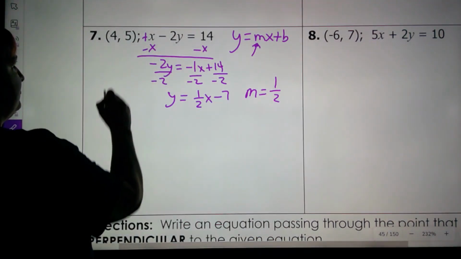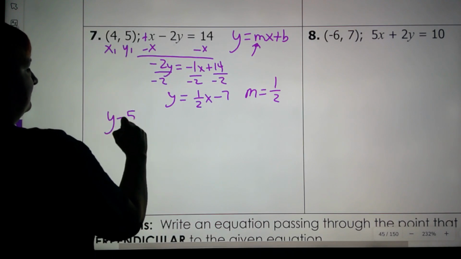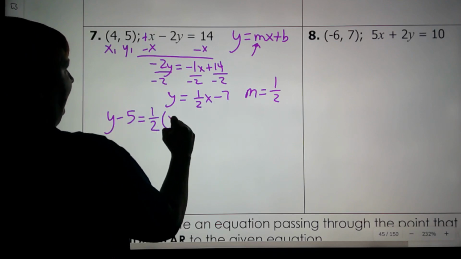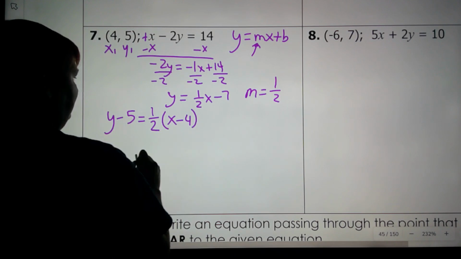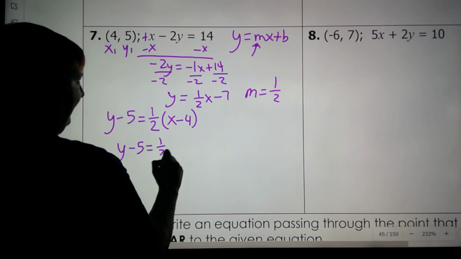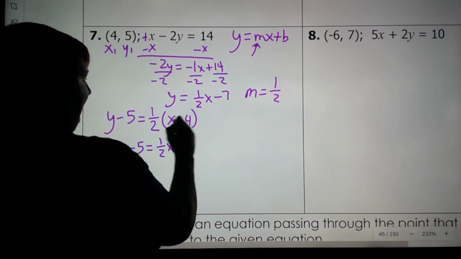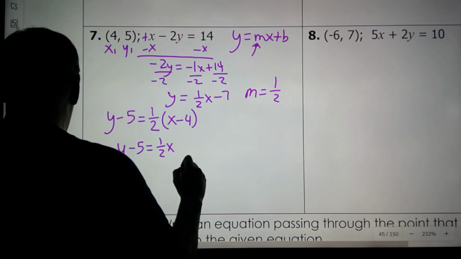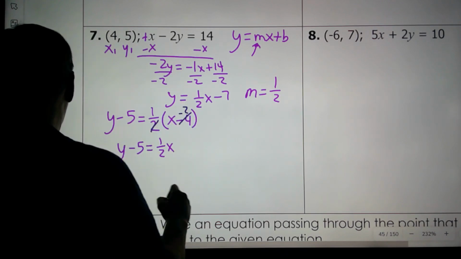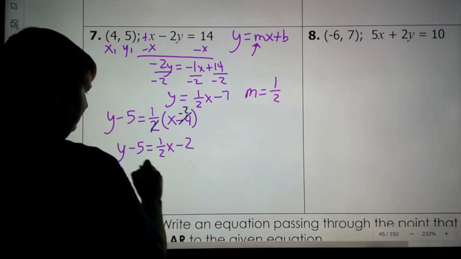So y minus y1 equals m times x minus x1. y minus 5 equals 1/2 times x, which is just 1/2 times x, and 4 divided by 2, negative 2. 1 times negative 2 is negative 2.